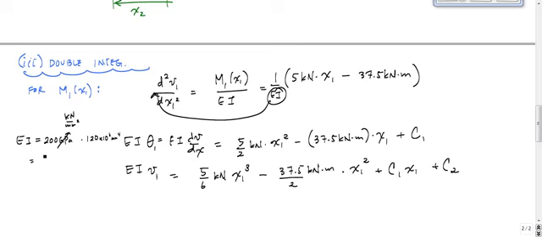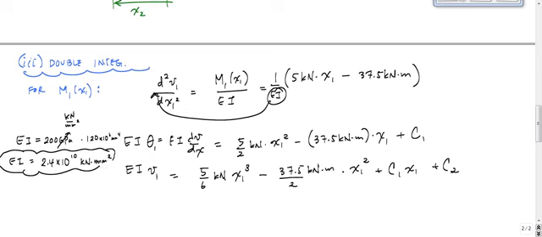And what this gives me, 200 times 120 times 10, that's some crazy big number. What did you get? 2.4 times 10 to the 10th kilonewton millimeter squared. Okay, that's EI, this constant value right here.